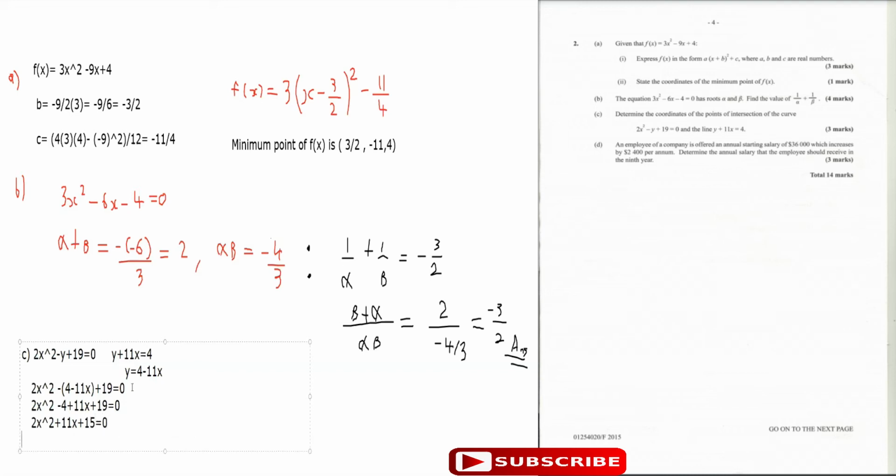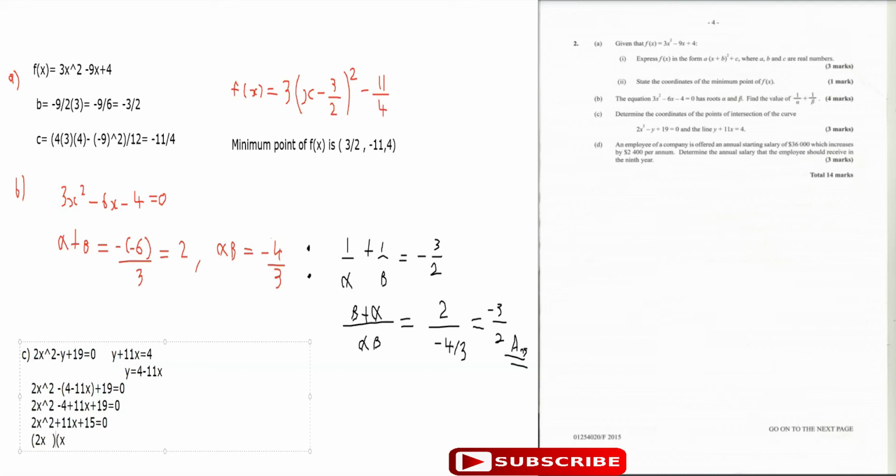Now let's see if we can factorize this. 2x squared, how can we split this middle term? We know that to get 2x squared, it has to be 2x here and x here.